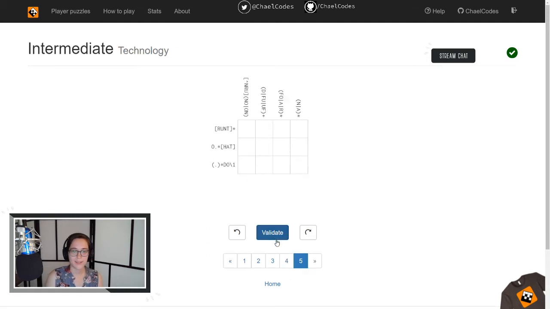Next puzzle. All right, so this first character cannot be R or U, and the reason for that is we have a character set with an up arrow, that means not, right? And then this character has to match RUNT, or the letters in RUNT, right? So T is the only one that is not in RUN and is in RUNT, right?